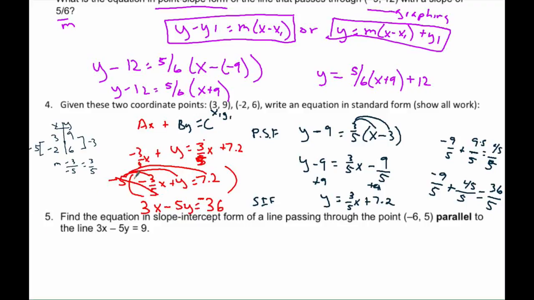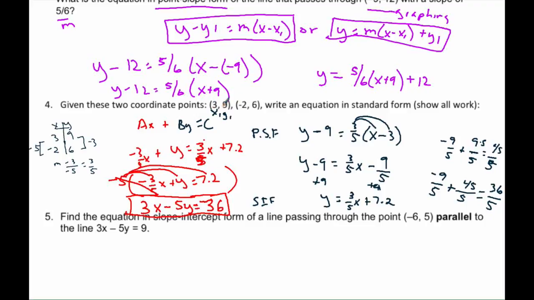Okay, so my standard form right here is 3x minus 5y is equal to -36. One more time there, let me write it a little bit clearer. Alright, so 3x minus 5y is equal to -36. And that's the standard form using these 2 points.